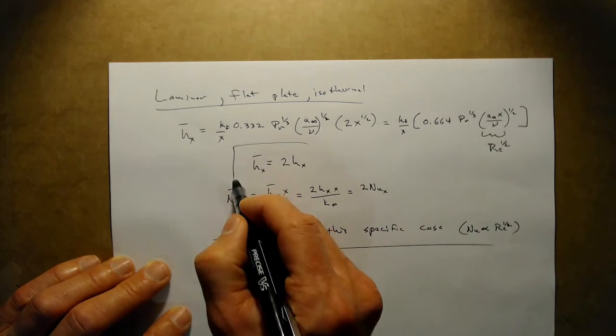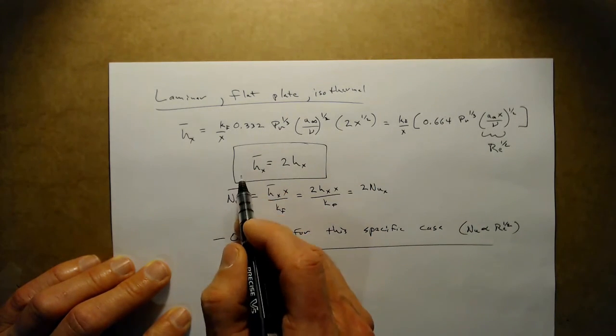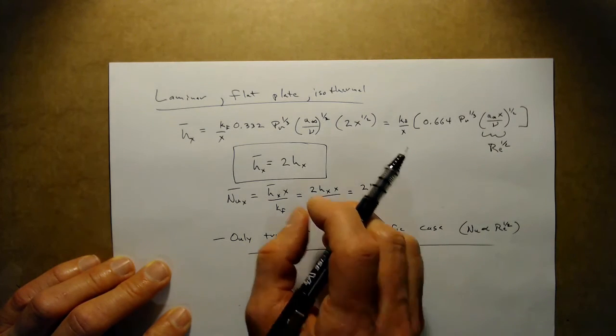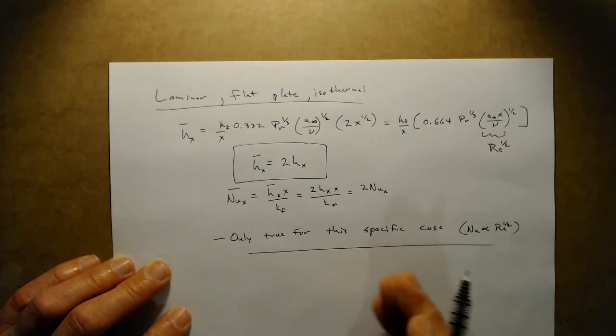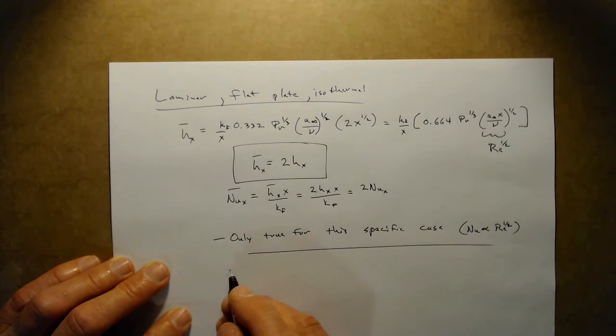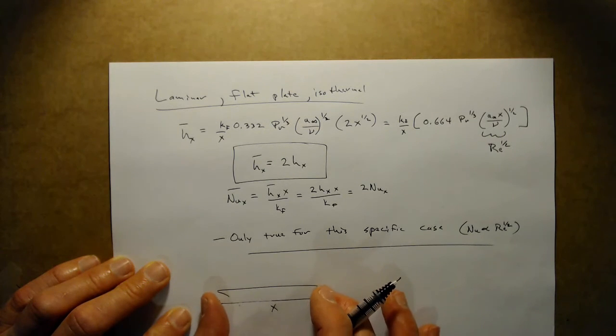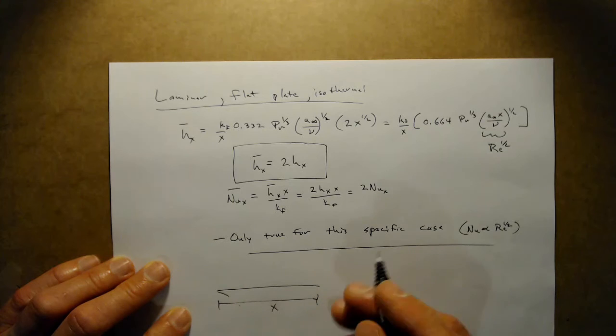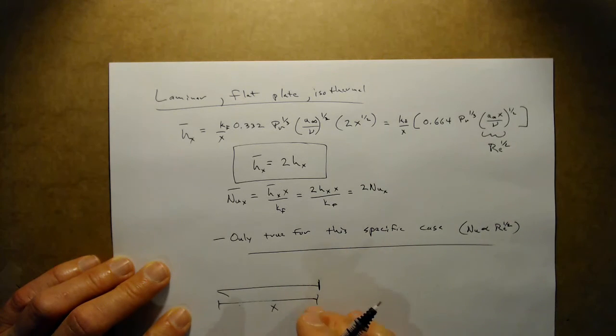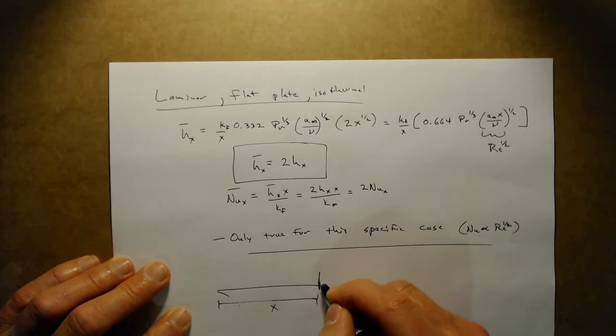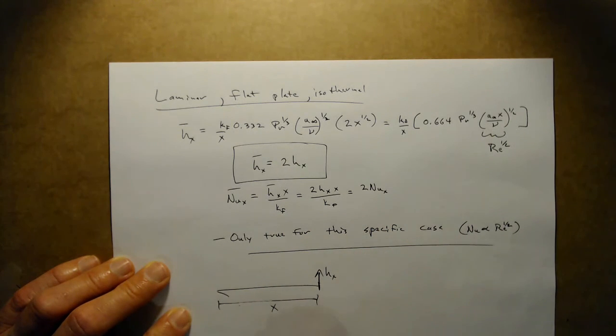So basically we find that the average heat transfer coefficient over length x is just 2 times the local heat transfer coefficient at that end. So in other words, if we had a flat plate, and we were interested in the average heat transfer coefficient over the distance between the leading edge and the position x, then that average heat transfer coefficient is twice the local heat transfer coefficient here.